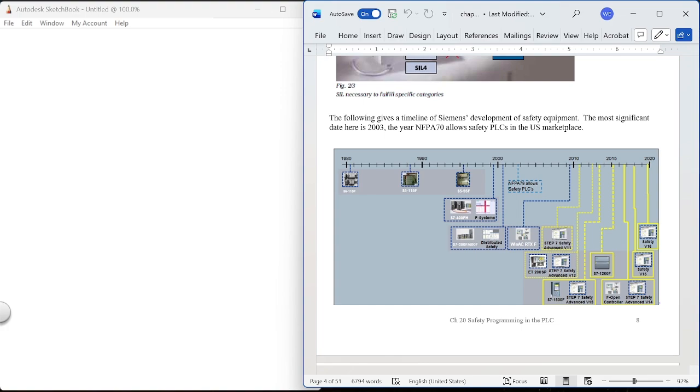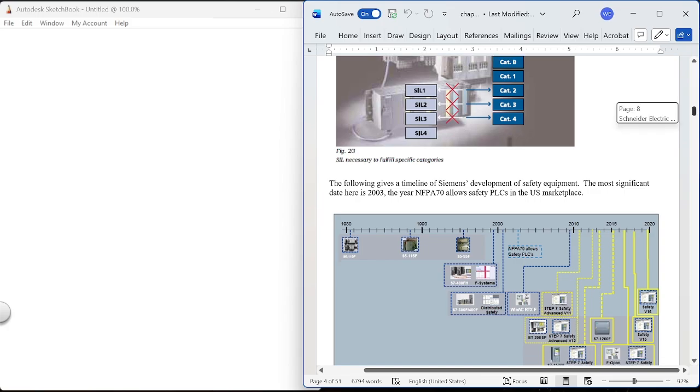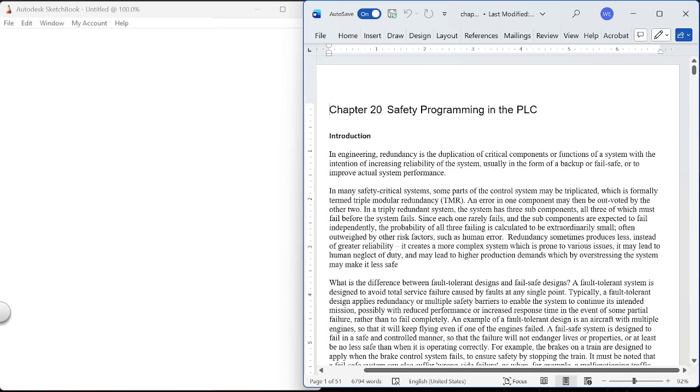But all of a sudden, in the year 2003, we allowed safety. Now, they had done this in PLCs in Europe for years and years, and that's why Siemens is ahead in this arena. But this is an idea of, whoops, we were behind, and we really were behind. And I hate to emphasize it too much, and I know Allen Bradley's got a good brand, but basically they've always been kind of behind in this area.